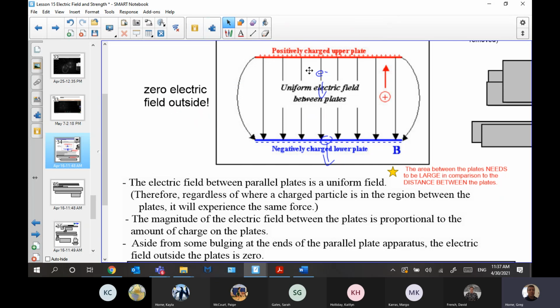So what does that mean? If I put an electron here, it accelerates like crazy towards, sorry, I had the arrow going the wrong way. Why didn't someone tell me that? I need to flip those two things. Of course, electrons repel.